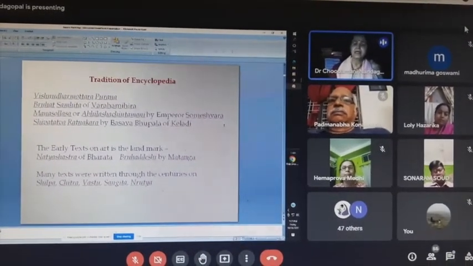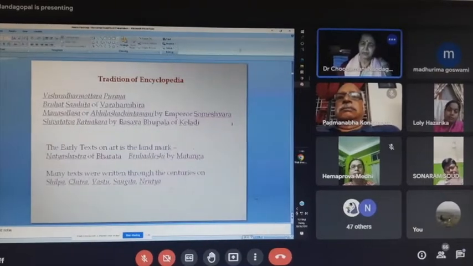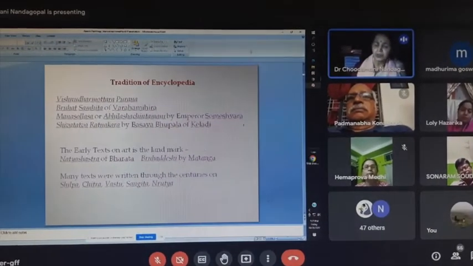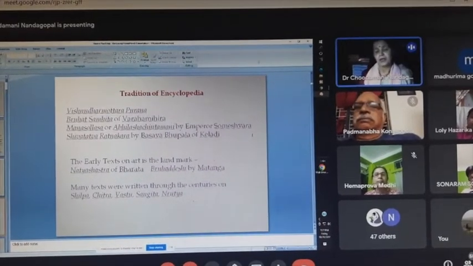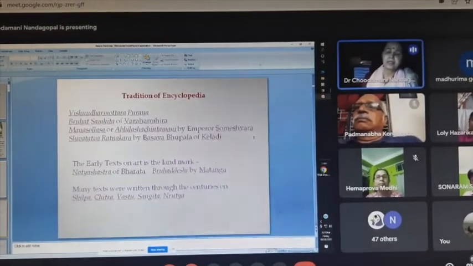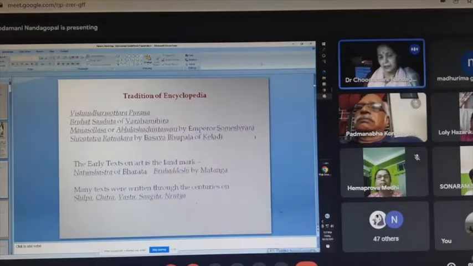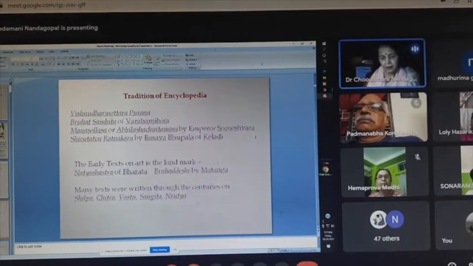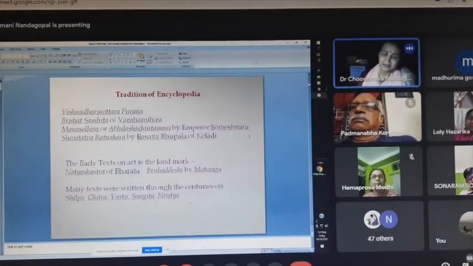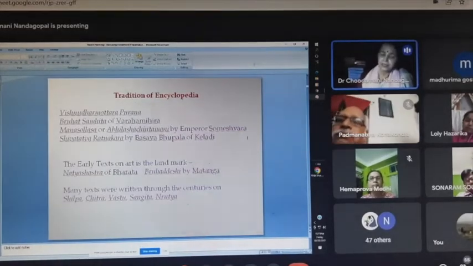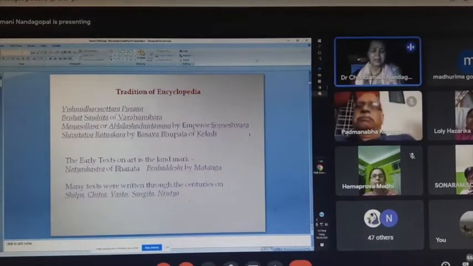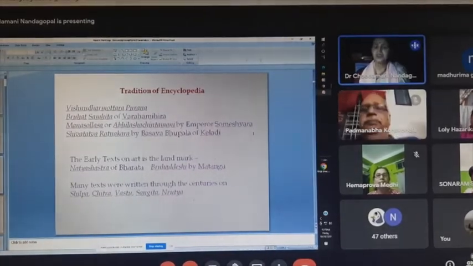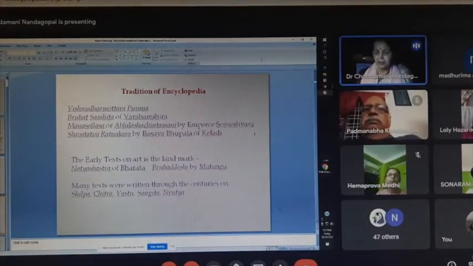Then the early texts on art. Even before that we have Kautilya's Arthashastra. A copy, a manuscript of Kautilya's Arthashastra, is available in the Mysore Oriental Library. Then later, in the 2nd to 4th century, we place the Natyashastra of Bharata and the Brihaddeshi of Matanga.